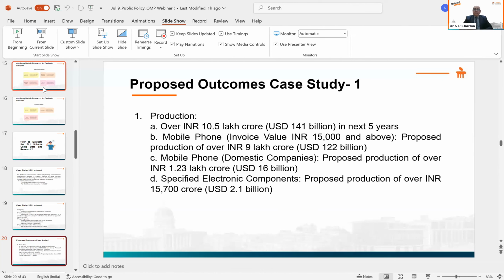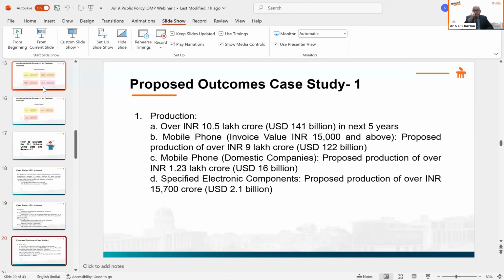And the production was set over INR 9 lakh crore. That becomes around 122 billion. And for the domestic companies, proposed production was 1.23 lakh crore, and that becomes 16 billion.